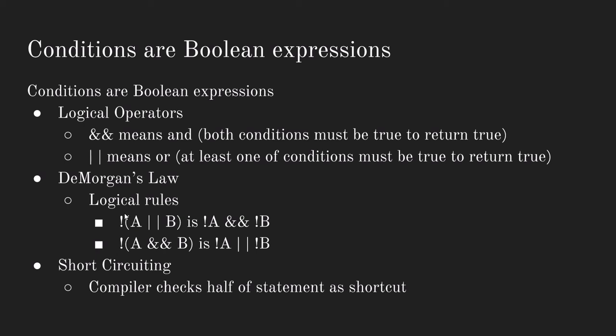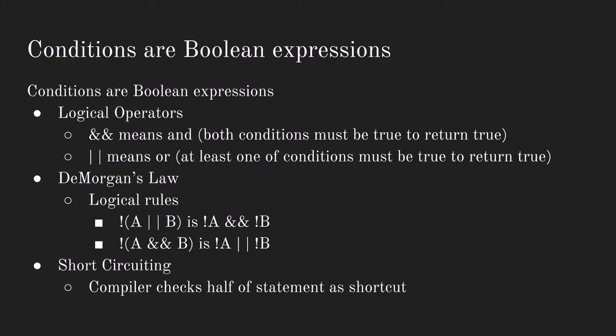So this statement is basically saying, if it's not the quantity of A or B, that basically translates to if something is not A and not B. So whenever you see this, basically distribute like you would do in math, and then replace the "or" with an "and," or vice versa. If you want more practice with De Morgan's law, feel free to check out our Introscope website, and we will go into De Morgan's law in more depth.